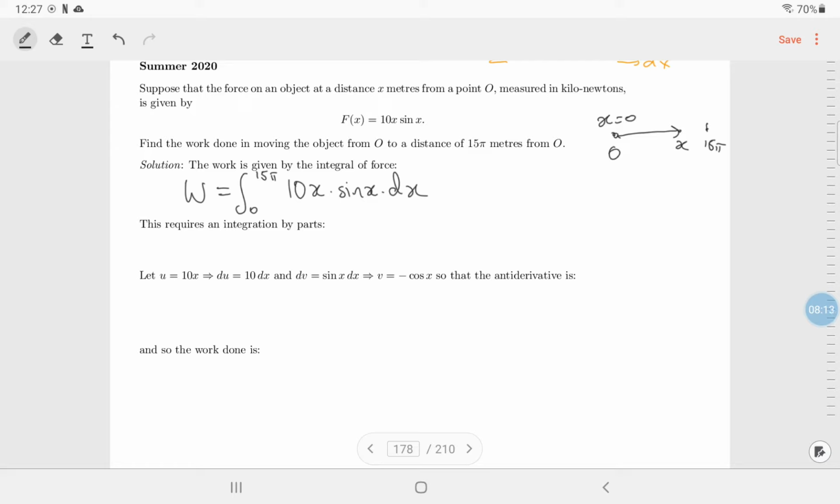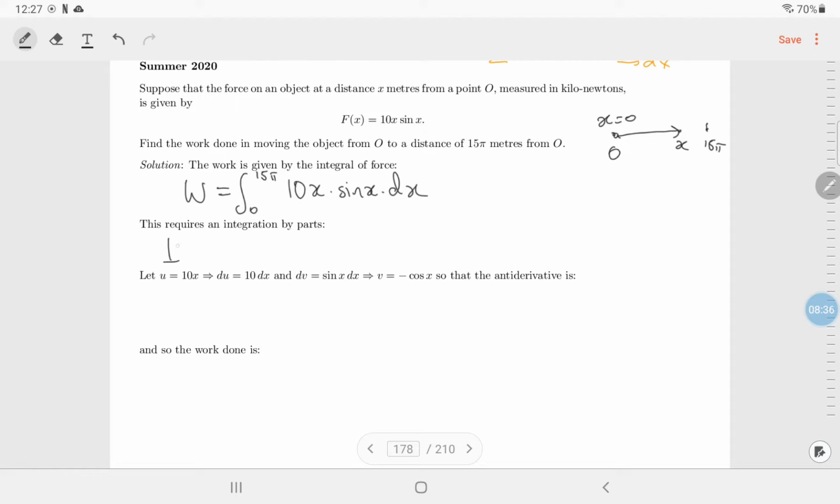Next thing is the manipulation. There's no real manipulation here. And then the substitution. There's nothing really you can do because the substitution should be inside something else, and the only thing that's inside something else is the x. But you're never going to do a w equals x substitution because all it does is change all the x's to w, which is a big waste of time. So you're going to have to do integration by parts. And I recommend that with integration by parts with limits, you forget the limits initially.